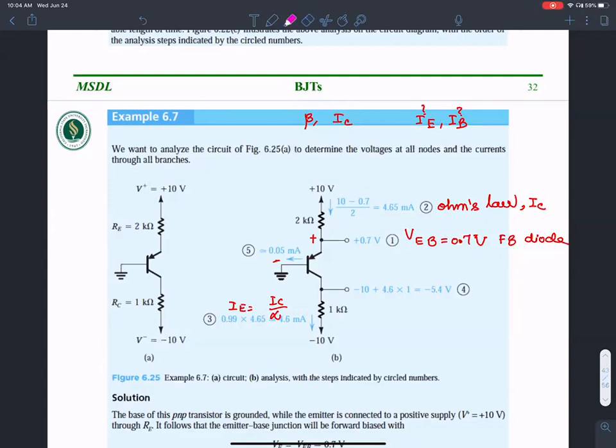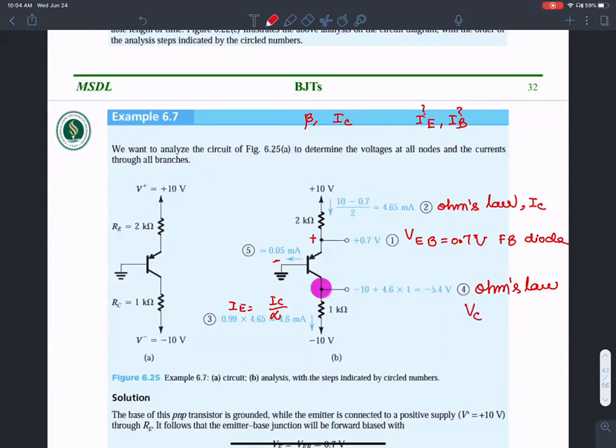Once I have IE, the fourth step is again the application of Ohm's law. I have the voltage on one side, and I have the current flowing through this, so I should be able to find the voltage on that node. I should be able to calculate VC, the collector voltage. This is PNP, right?